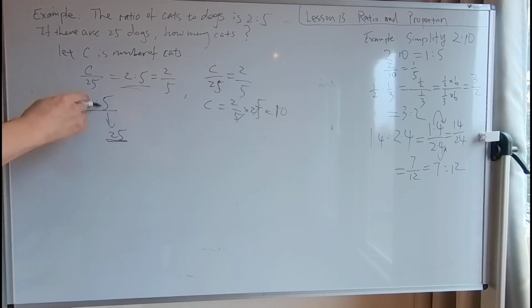So equivalently, this 2 would also apply the 5 times. And that 5 times 2 will give you the actual number of cats, based on the same ratio or same proportion that is scaled up from the ratio to the actual number. So this will be an even easier way.